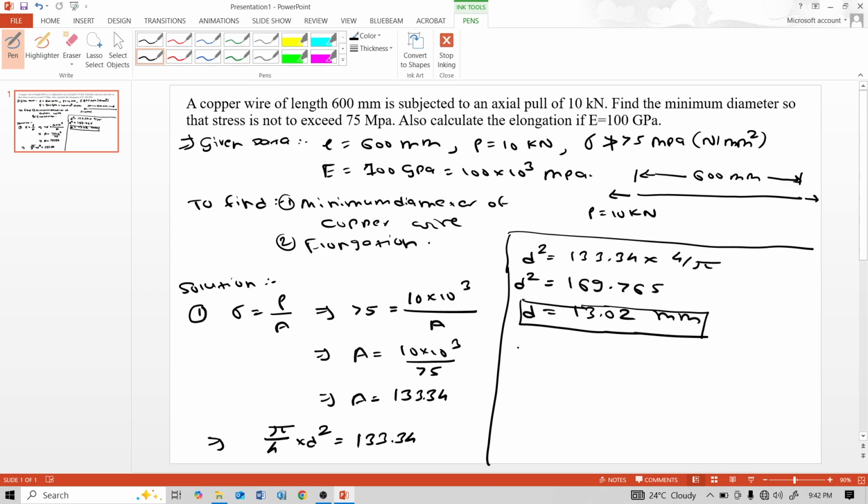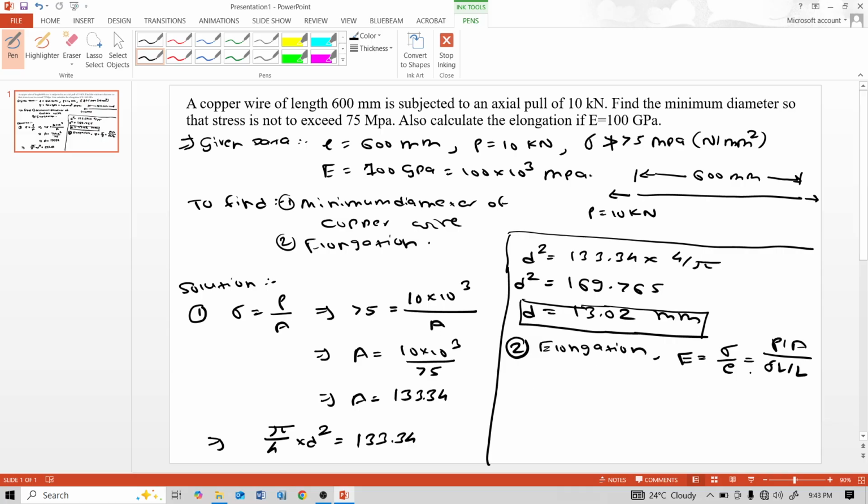Now next, we have to calculate the elongation of the copper wire. For elongation of the copper wire, I take the Young's modulus formula. Young's modulus is stress upon strain, stress is load upon area, and strain is change in length upon original length.